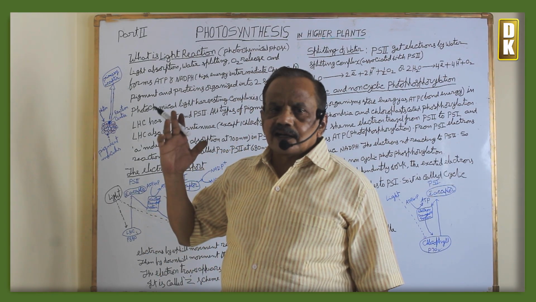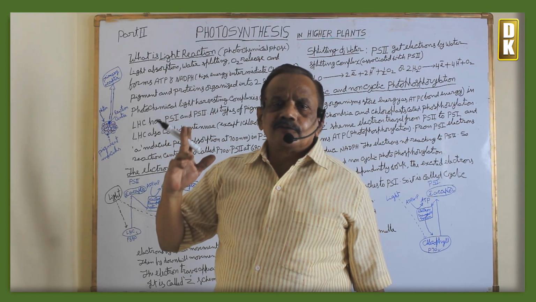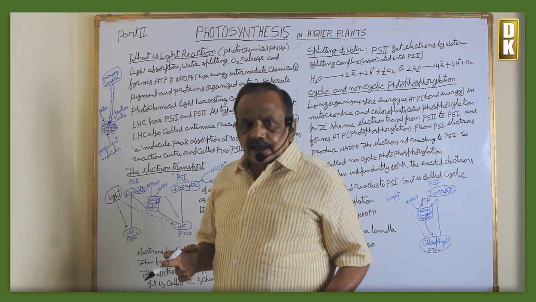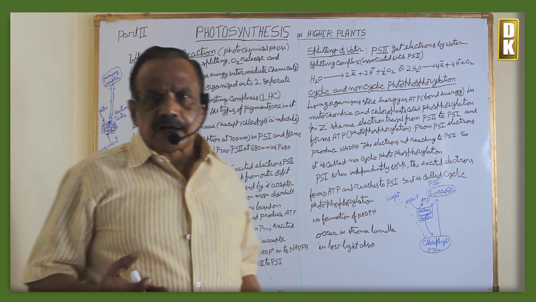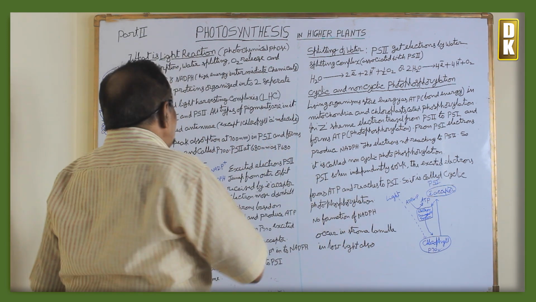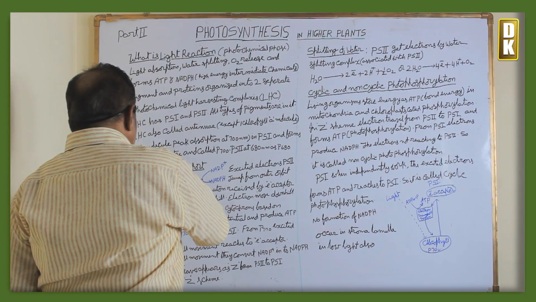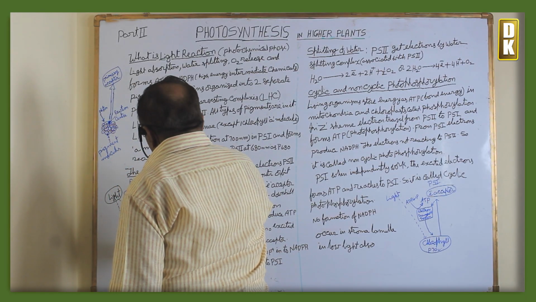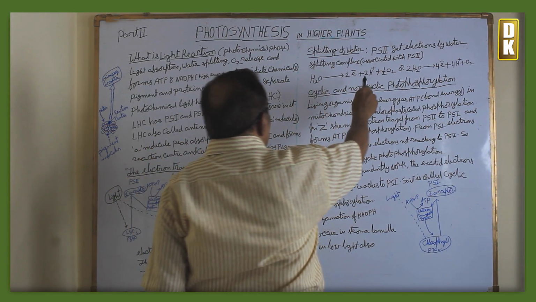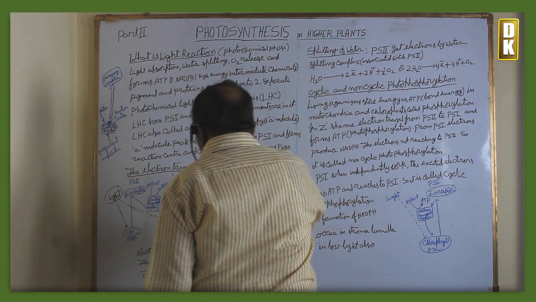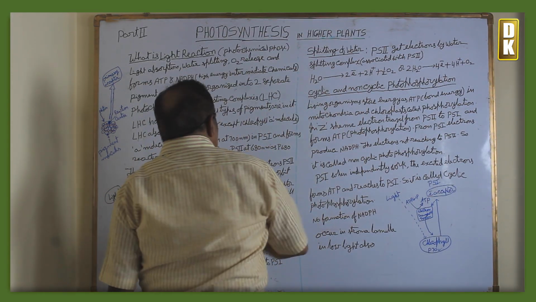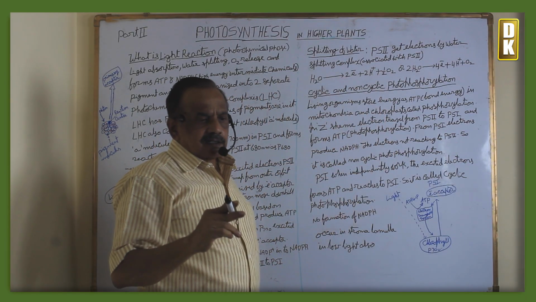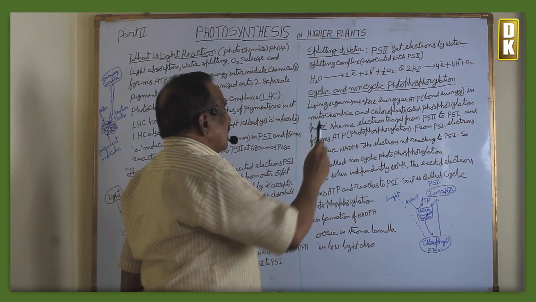I told you yesterday in the class also. What is photooxidation? When light energy is converted, producing NADP and ATP, at that time water splitting produces the electrons for the photosystems, and oxygen will be evolved when water is the hydrogen donor.